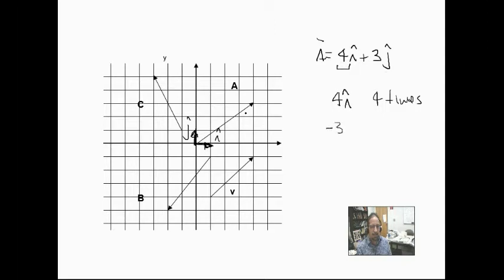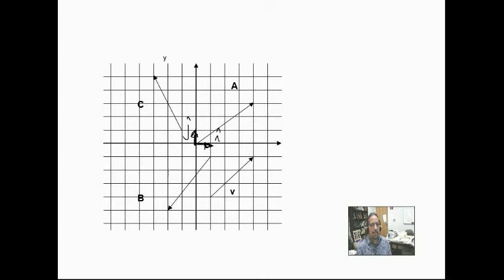If I say minus 3i, that means I change the direction and make it 3 times larger. So that's easy. Therefore, we can construct this vector A as the sum of two vectors, one in the horizontal x direction, one in the vertical y direction.